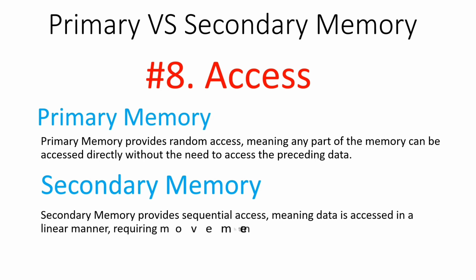It means the data is accessed in a linear manner that requires movement through the preceding data. CPU cannot directly access any part of the memory, so it provides sequential access, whereas the primary memory provides random access to the data and information.